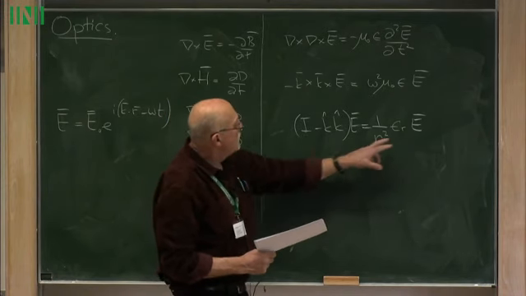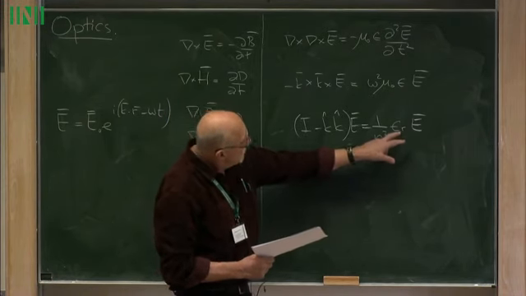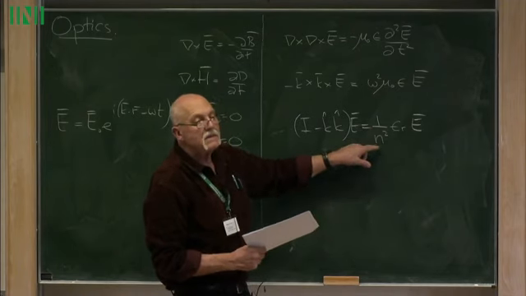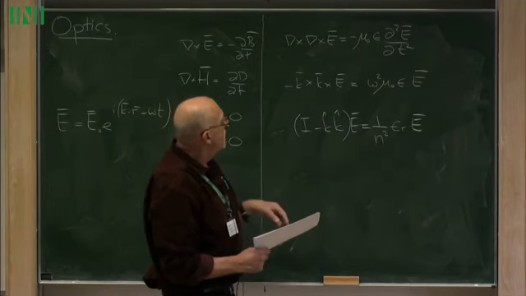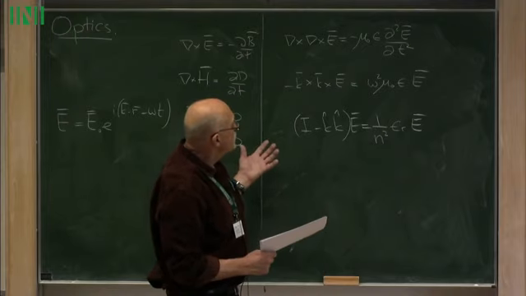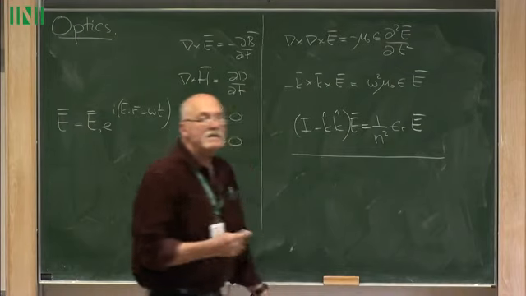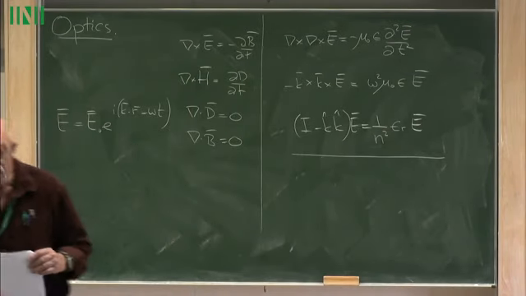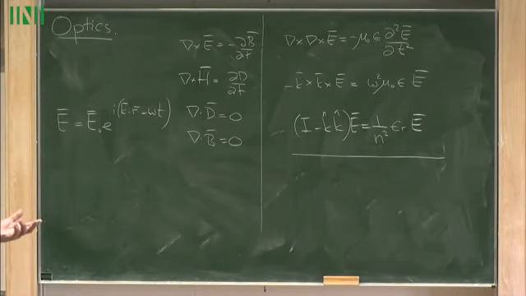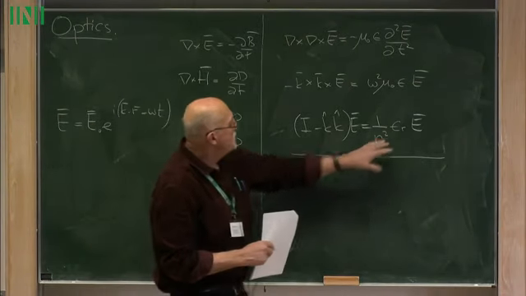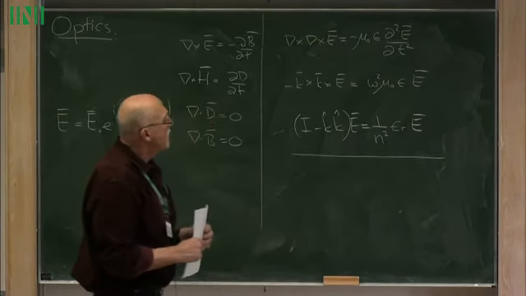So we have this known tensor here, but we don't know what n is. And this is kind of the usual story. n is really not a material property. It's an eigenvalue of some eigenvalue equation, and epsilon r is the material property.